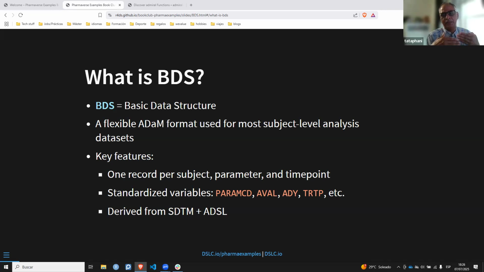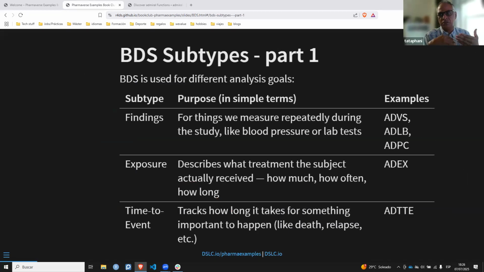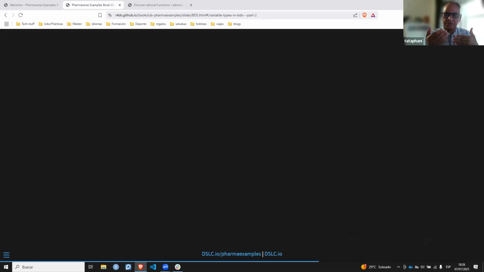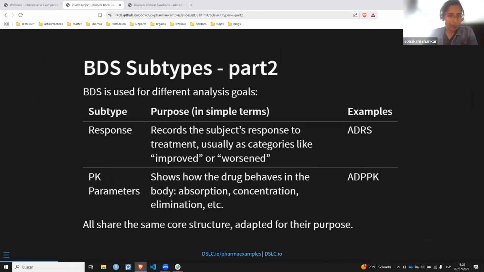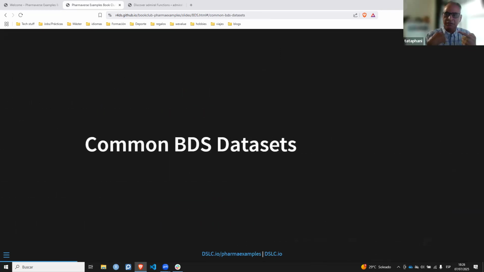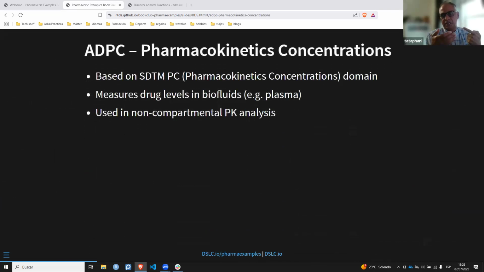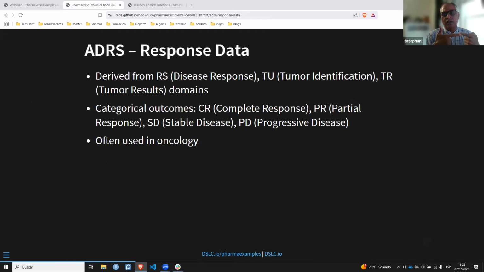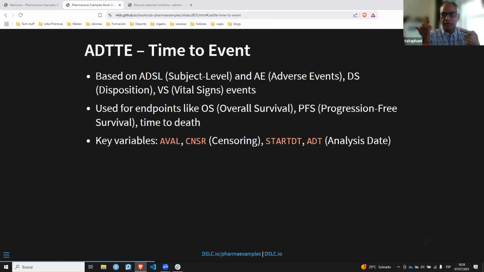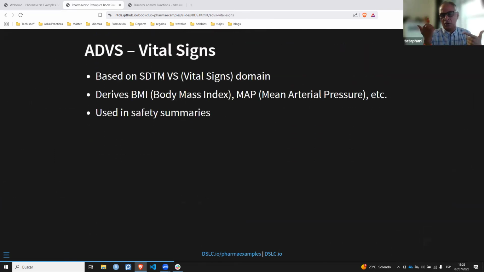When that happens, they come under the BDS structure or OCCDS structure. But when you can define that event, for example the sex of the subject, which is either male or female and remains the same across the whole study, that would be a unique record.